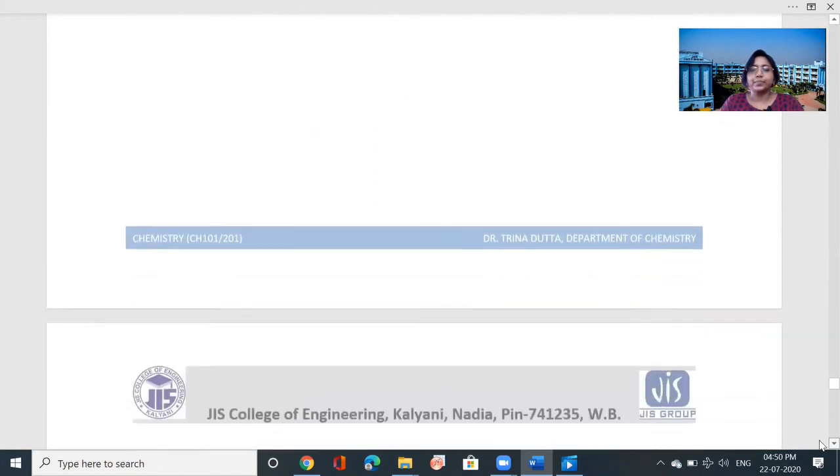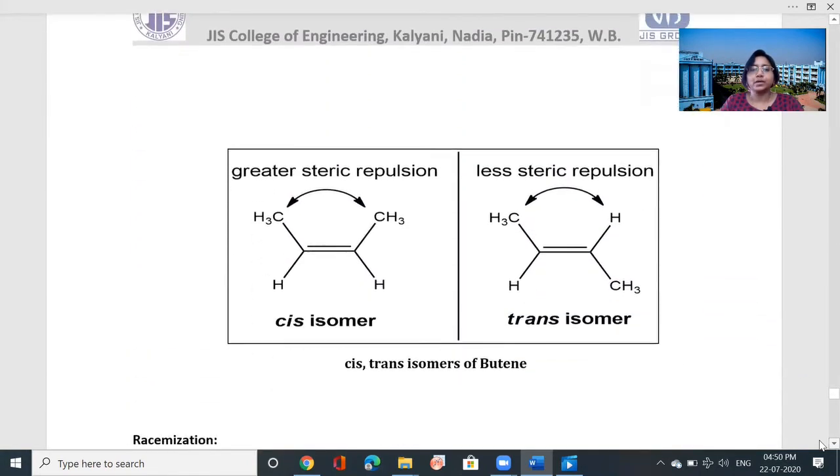Okay. For the cis isomers, there will be greater steric repulsion because of the bulky groups. So here this CH3 methyl group and this methyl group are on the same side, that is called cis isomer, and in the second picture the CH3 is on the opposite side, that is called trans isomer.